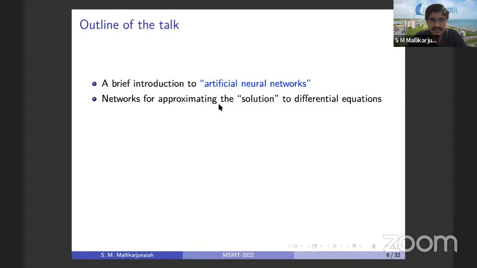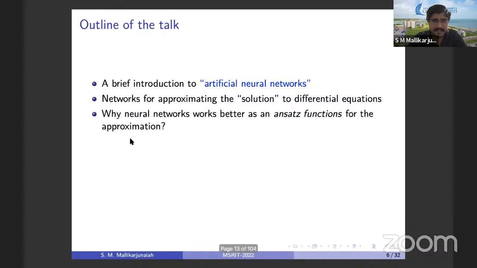We can compare this with our traditional discretization techniques like finite element, finite volume, finite difference and other methods. And then the question is, why neural networks?